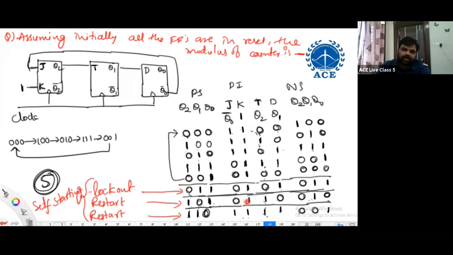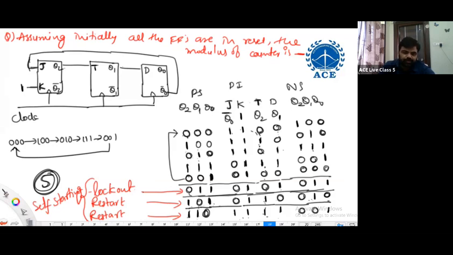And what is your doubt? I'm not able to understand. Please elaborate your doubt. I will help you. Yes, it is possible. Every counter may not be having lockout.